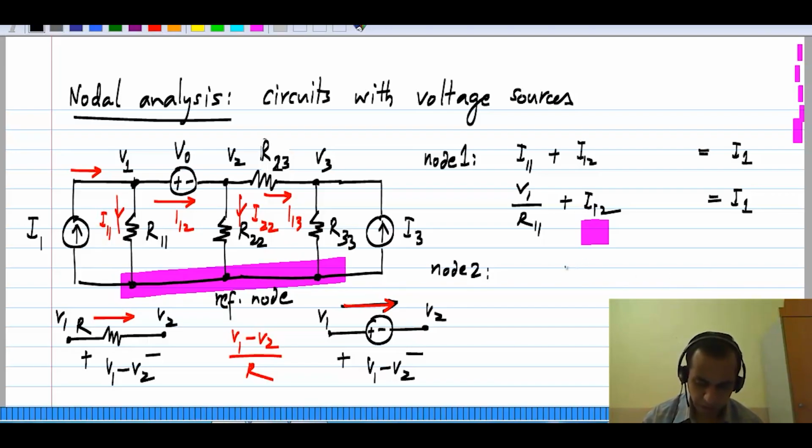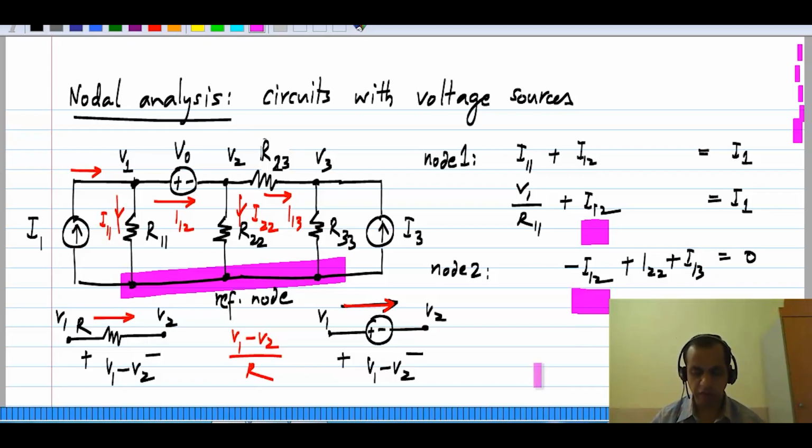So I have to write minus I12 plus I22 plus I13 to be equal to 0 because no independent current source is injecting into node 2. Again, I don't know the value of minus I12. I22 and I13 I can relate to the voltages and resistor values. Okay. This is the essential problem when we have voltage sources in a circuit and we have to carry out nodal analysis.